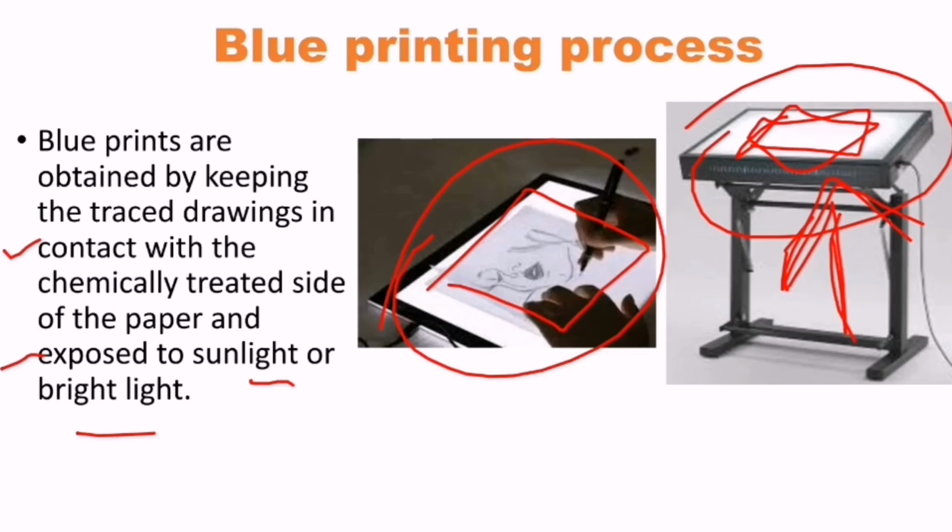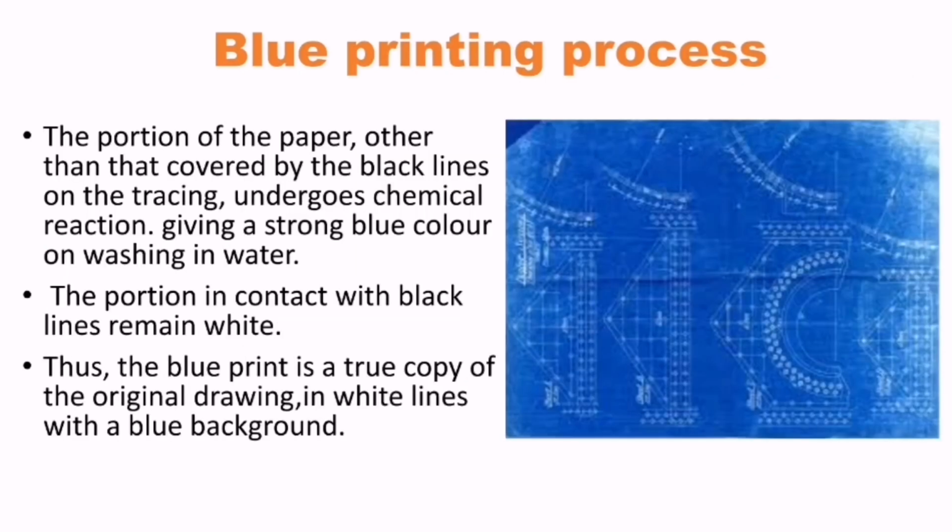So blueprints are obtained by keeping a traced drawing on the chemically treated side of the paper, exposed to light. The portion of the paper other than that covered by the black lines on the tracing undergoes a chemical reaction and gives a strong blue color on washing in water. Whenever we wash in water after the chemical reaction, it will give the blue background.